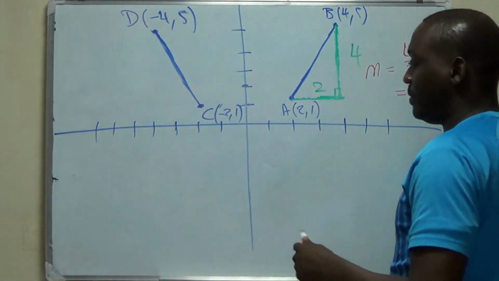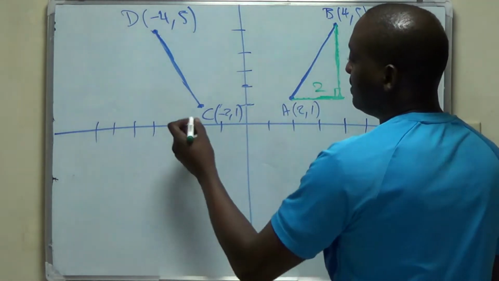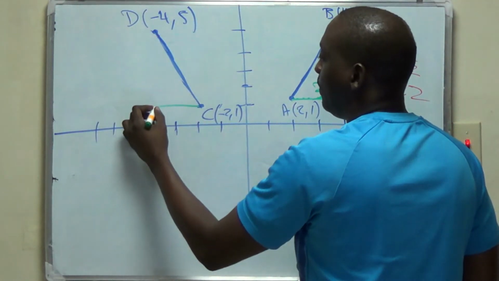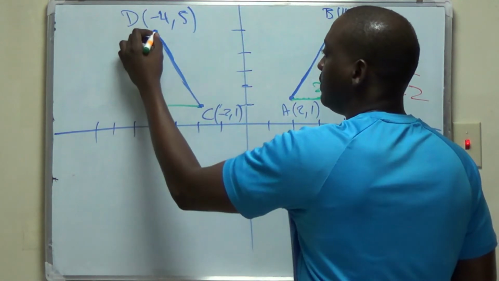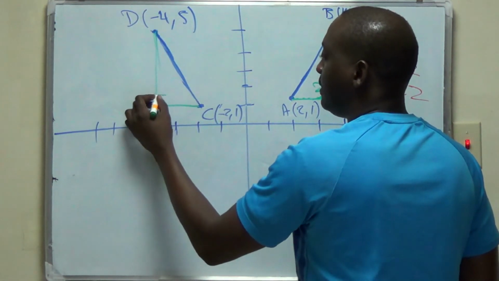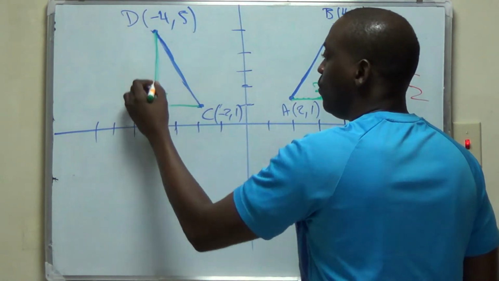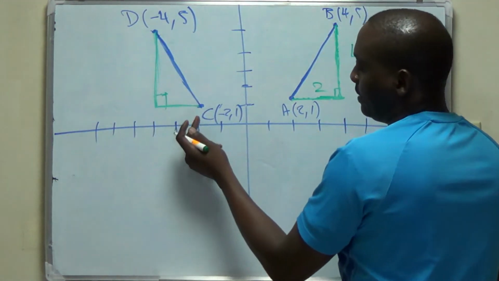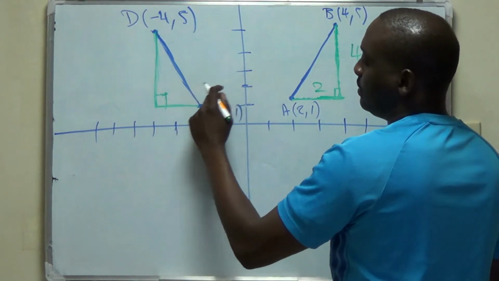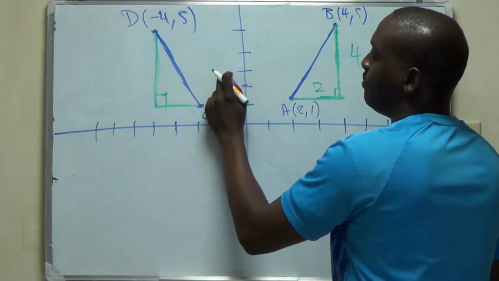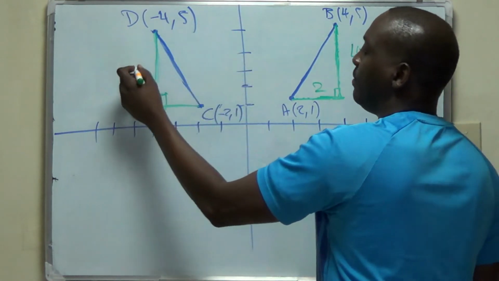Now we come across here and we do the same thing. So we extend to get the right angle triangle. You come across like this, and then you go up like this. That there is your right angle triangle. So again, vertical distance from here to here is 1, from here to here is 2, from here to here is 3, and from here to here is 4.